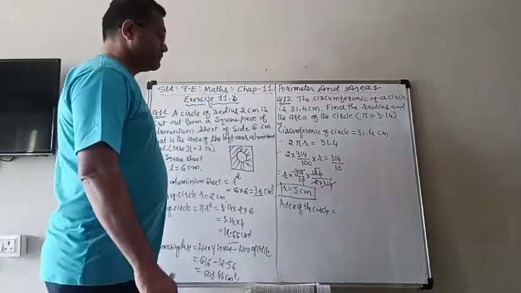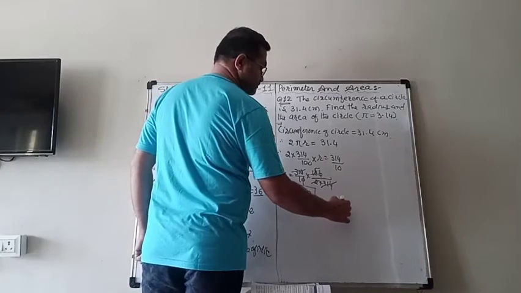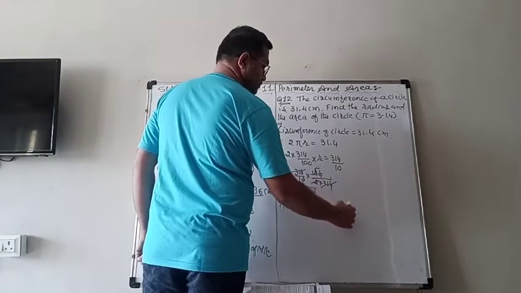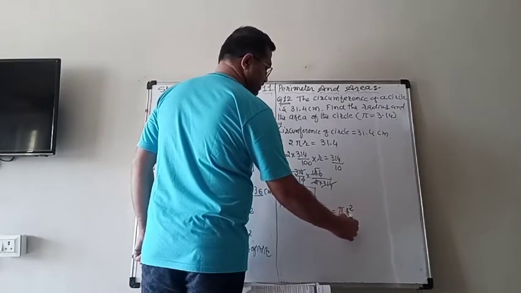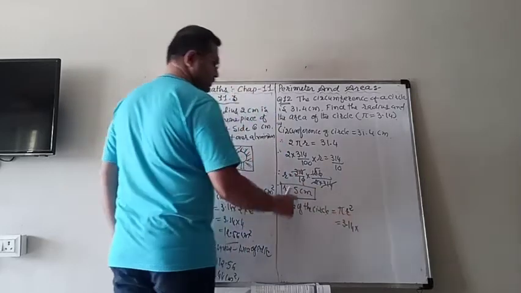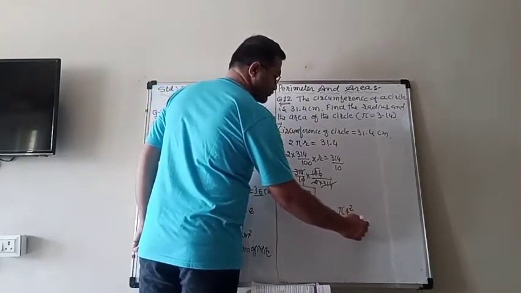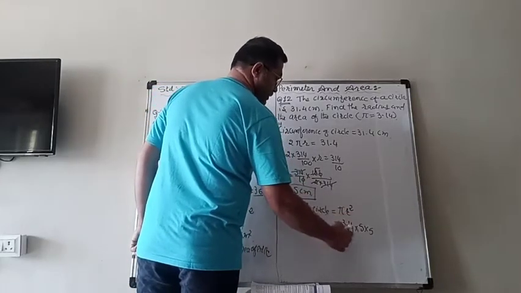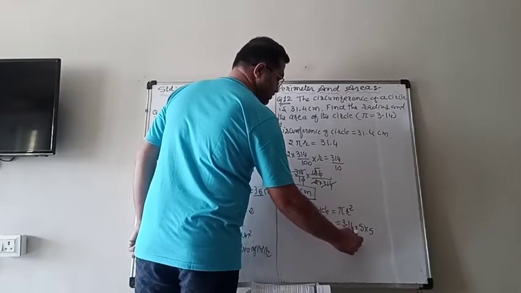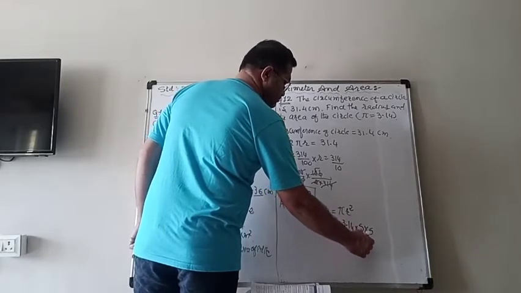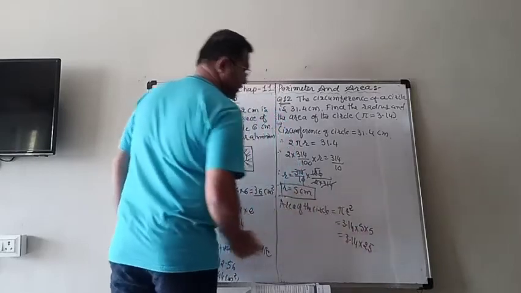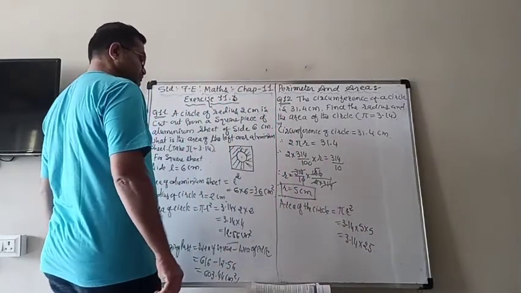That is pi r square. Value of pi is 3.14 into radius is 5, so 5 multiplied by 5, so it is 3.14 multiplied by 25.